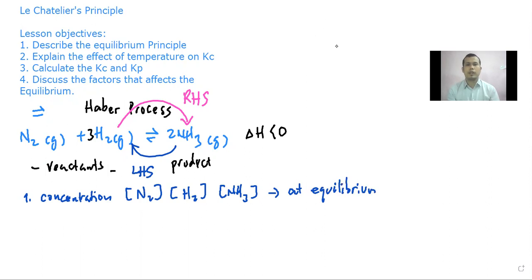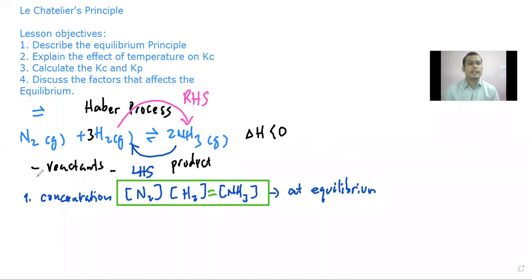That's why I put it in another color. This is the principle of equilibrium, the one that I put inside this rectangle box: the concentrations of nitrogen and hydrogen relate to the concentration of ammonia, right?